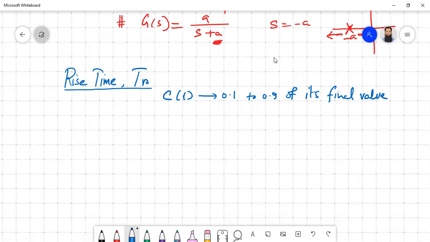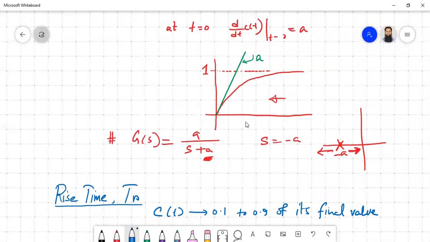According to the diagram, say this is your 1, and somewhere here you have a point, and this is your point 0.1. So from 10% to 90% of the response, the time it takes, that time is called TR.